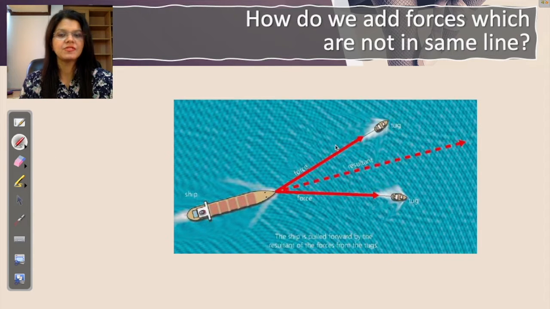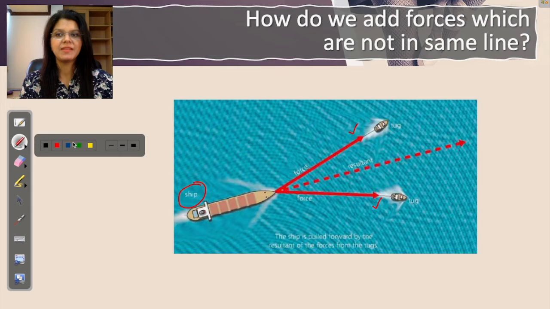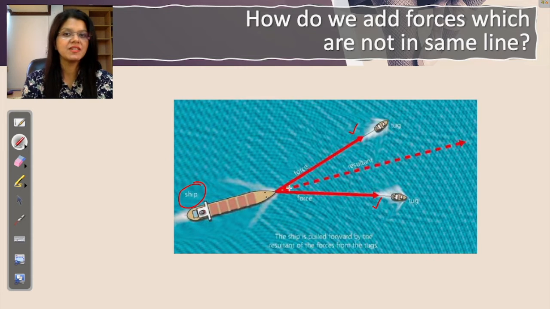These are the two forces applied by the two tugboats. But what is the resultant? What is the direction in which this ship ultimately moves? The ship ultimately moves in the direction like this. What is this? This is your resultant force.